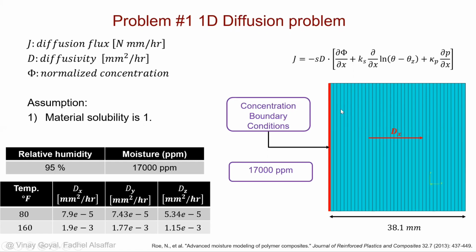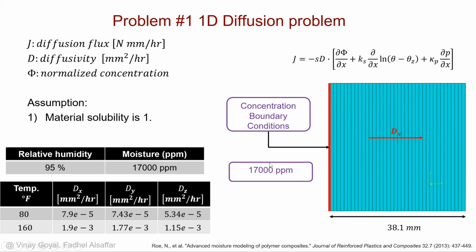Our problem today, at least the first one, is described by this simple 2D diffusion problem, in which we simply have this plate, which we'll be modeling as shell element, and has this width, and is simply subjected to concentration or saturation boundary conditions at the left end here.